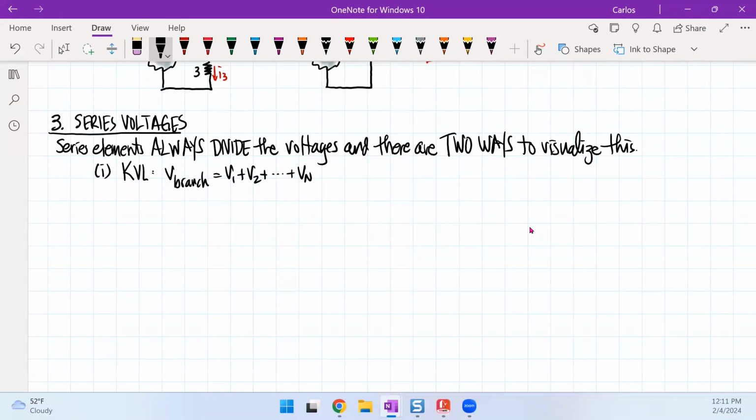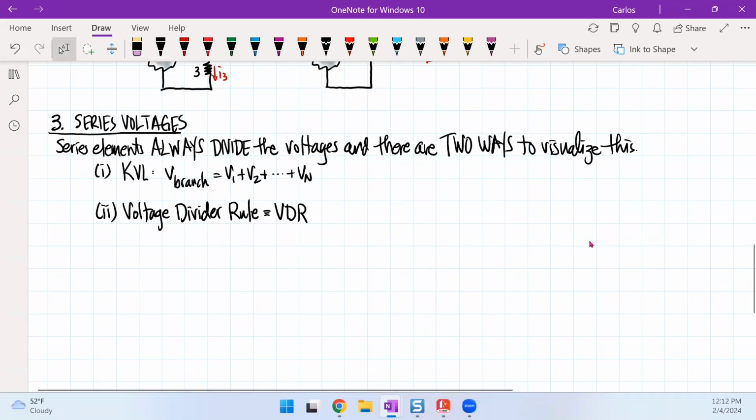A much more powerful way of doing this in reduction circuits is something called the voltage divider rule, which follows an acronym of VDR. And VDR reads something like this.